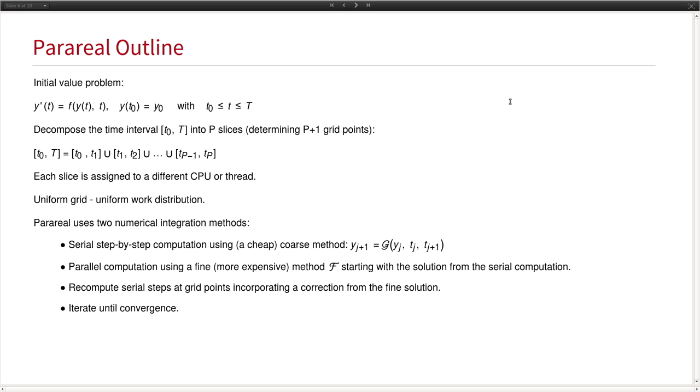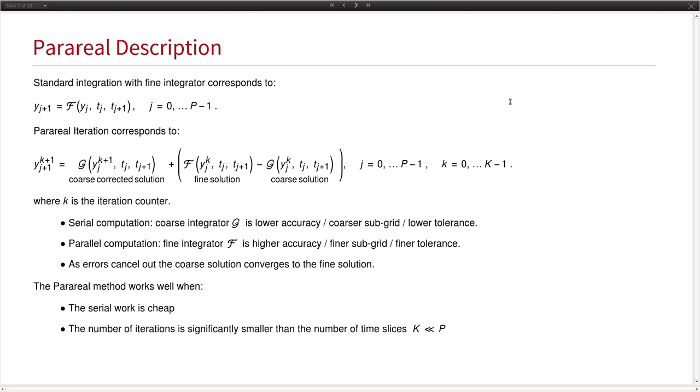That's the one that's done in serial. So we're replacing an expensive computation in serial with a cheap computation in serial. And then we're going to do the expensive computation with the original method that we're interested in, but we're going to do it in parallel. Okay? So we do a big serial step, we do a parallel step, and then we iteratively correct until we get some sort of convergence.